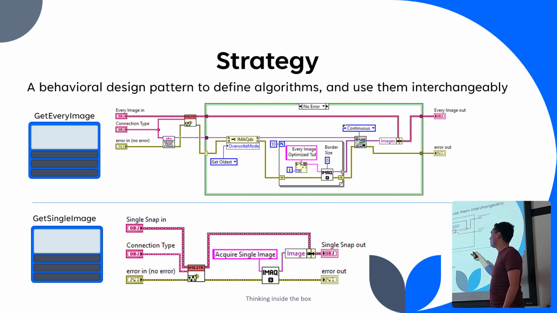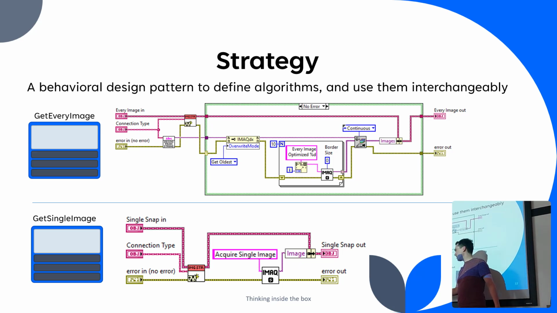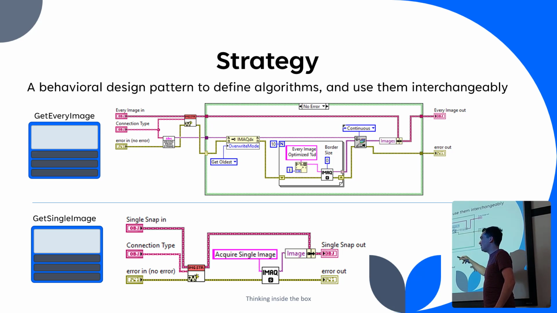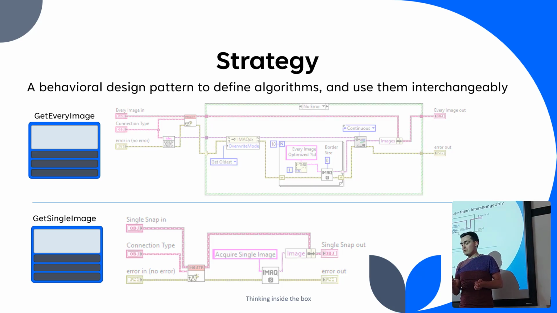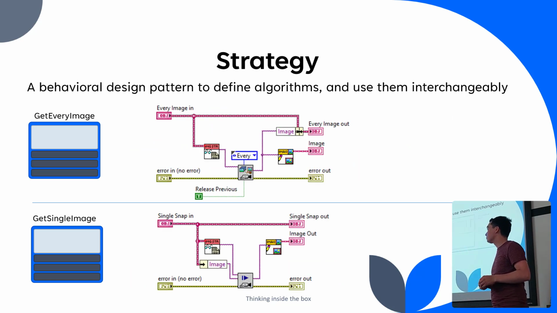There's some more advanced IMAQ functions I need to use. But if I just want a single image, the only thing I actually need to do is create an image reference and pass that through. So you can see that the functionality is wildly different, but I can swap between that functionality very straightforwardly.